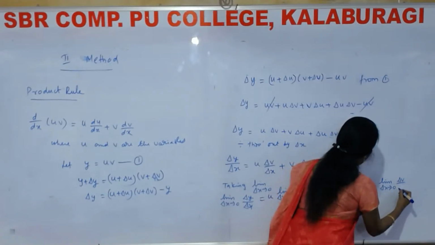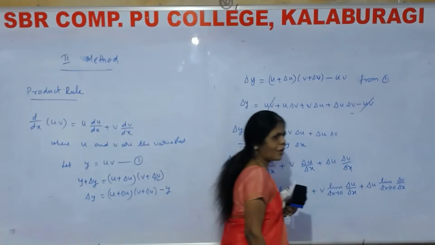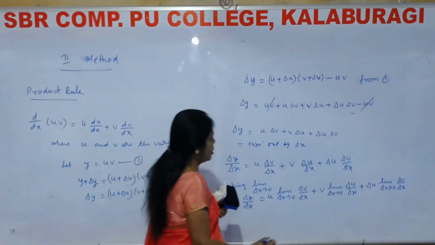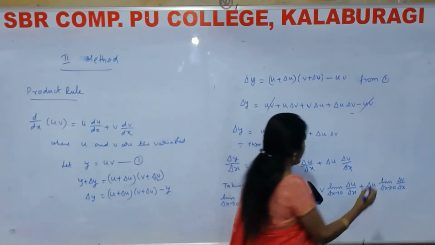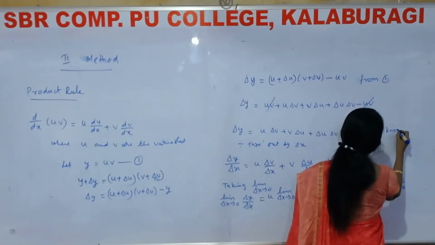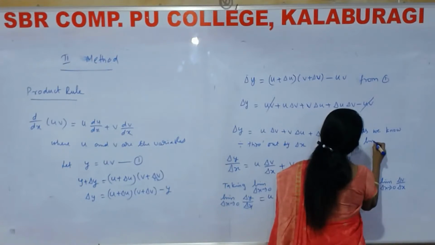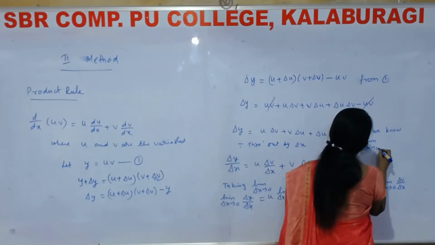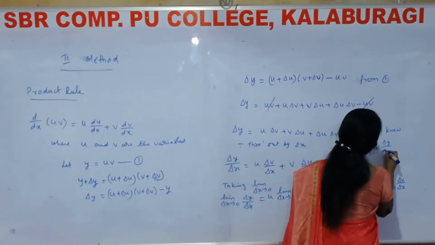All of them following it? Right. Any doubt? As we know, so limit delta x tends to 0, delta y by delta x.